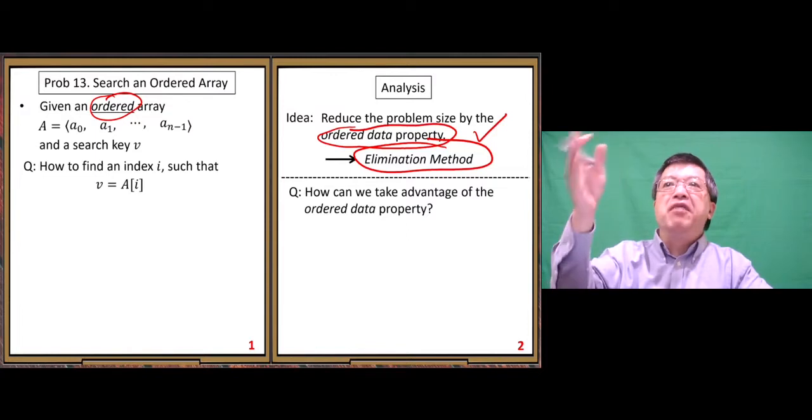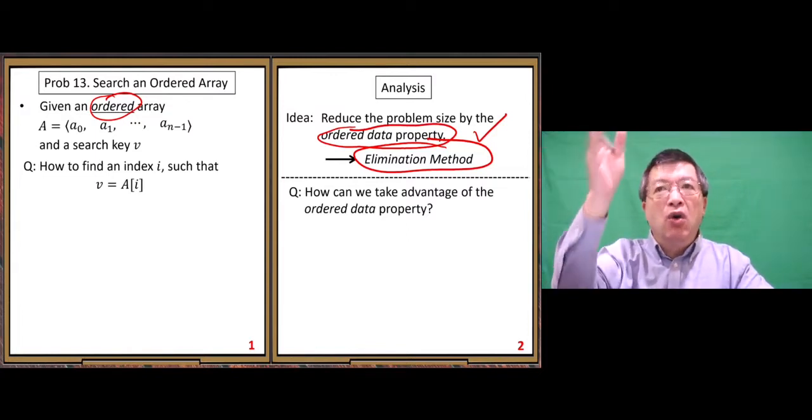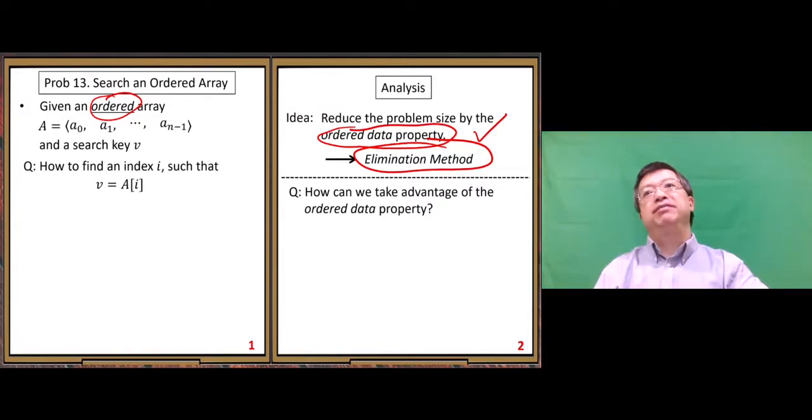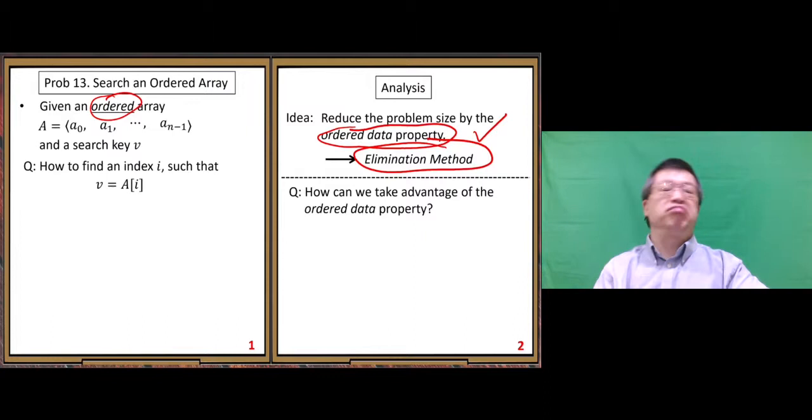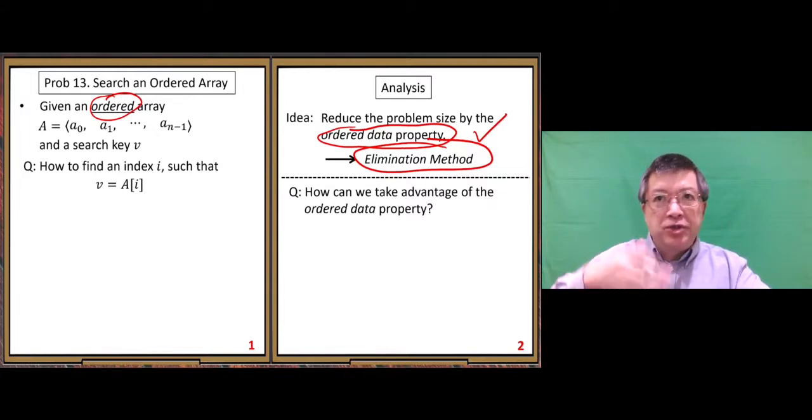How can we take advantage of the ordered data property? So we need to visualize the procedure. We don't want to do abstract thinking here. We need something very concrete, very specific to build up some experience here.